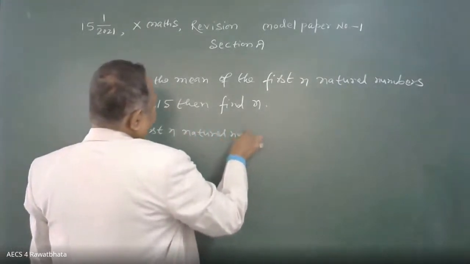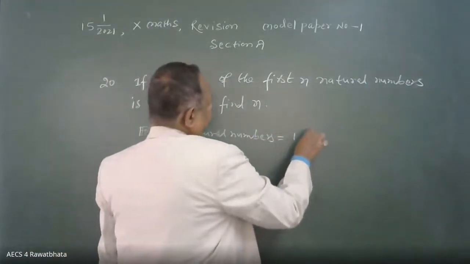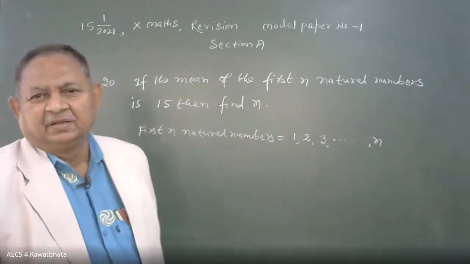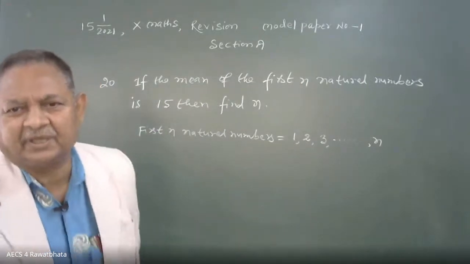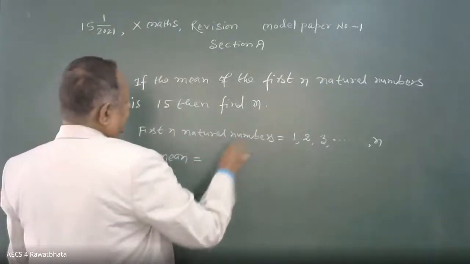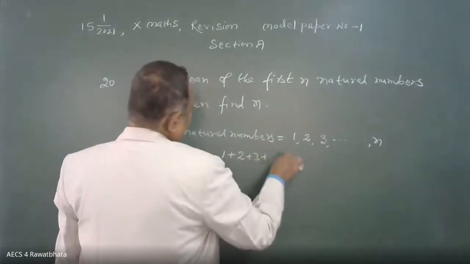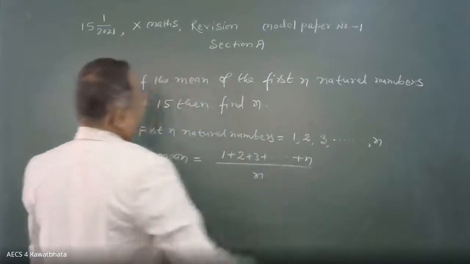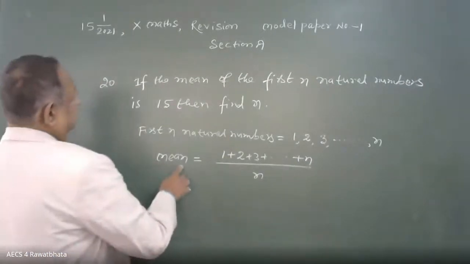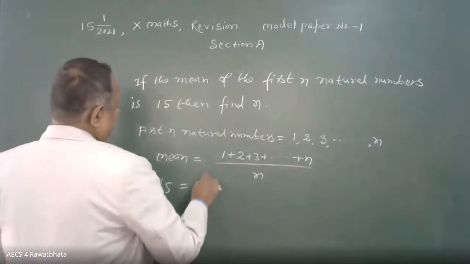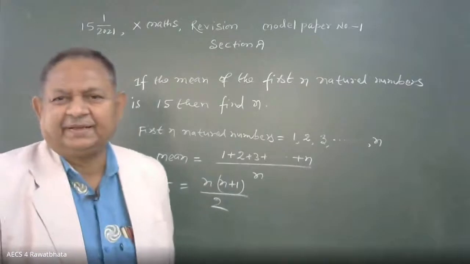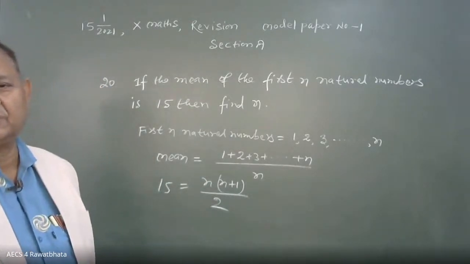Sania Sharma says 14. So mean is equal to the sum of all observations, 1 plus 2 plus 3 plus and so on plus n, divided by the total number of observations, and this is given as 15. The sum of n natural numbers is n into n plus 1 by 2, into 1 by n. Cross multiplying, n into n plus 1 is equal to 30n.